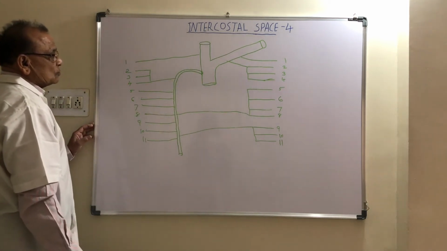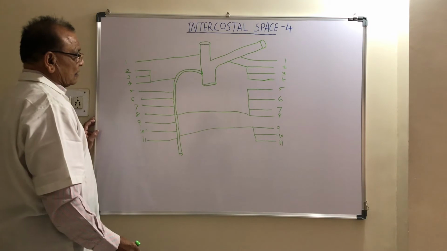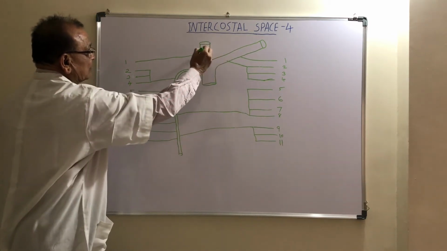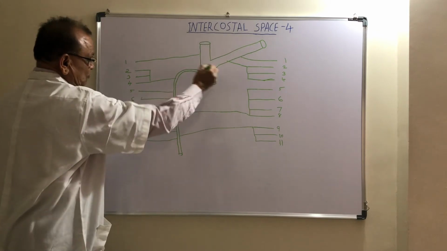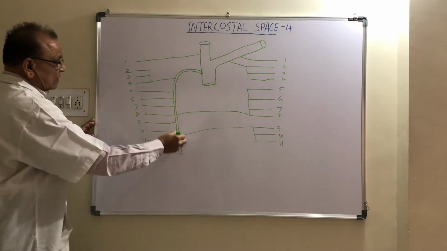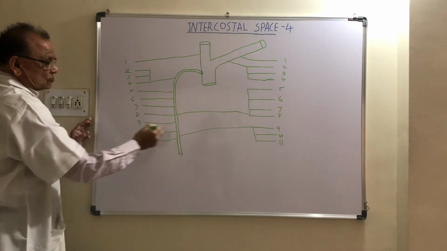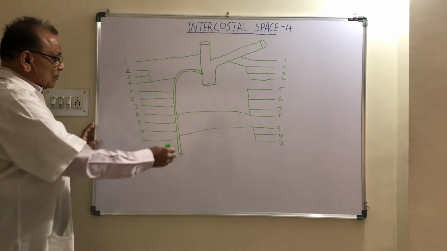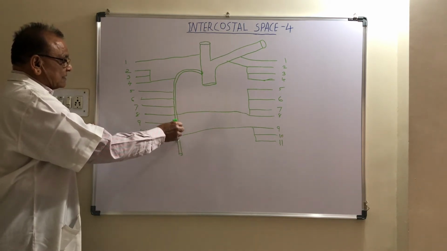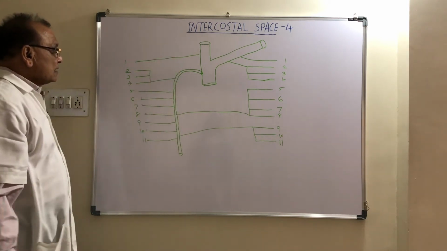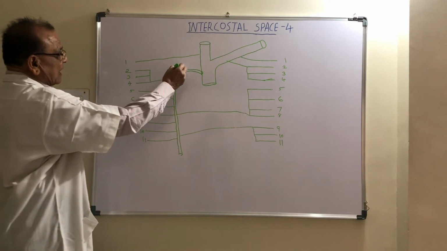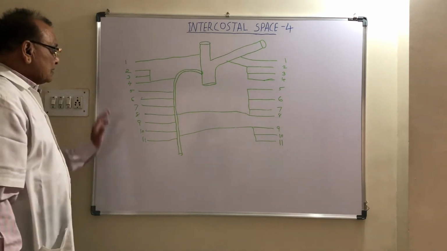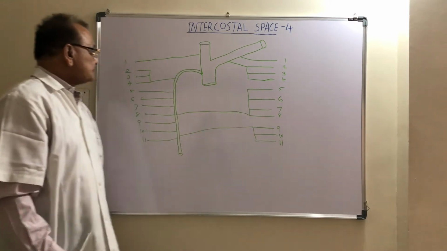This is the azygos vein. The azygos vein starts from the abdomen, leaves the abdomen and ascends in the thorax upward, and finally it makes an arch and opens into the superior vena cava. This is the right side, this is the left side.